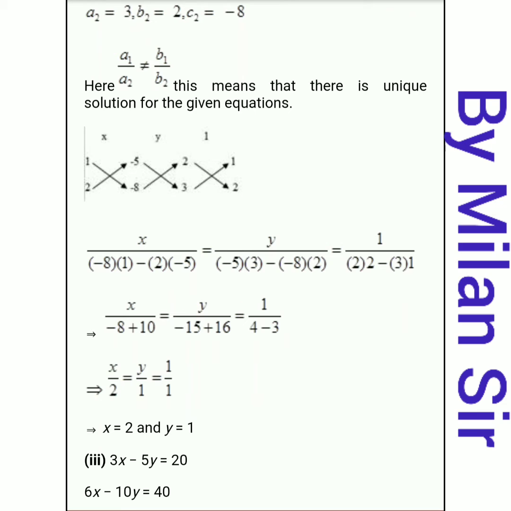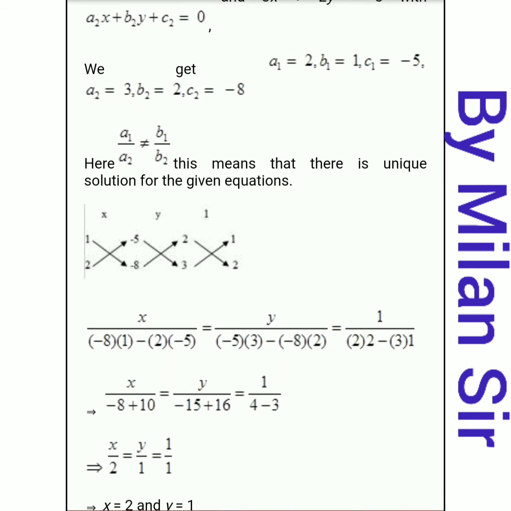So first of all just write down the coefficients, that means a1, b1, c1 and a2, b2, c2, right? So our a1 is equal to 2, b1 is equal to 1, c1 is equal to minus 5, then a2 is 3, here 2, minus 8.